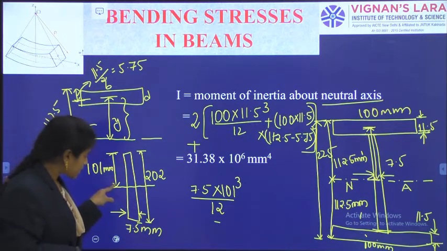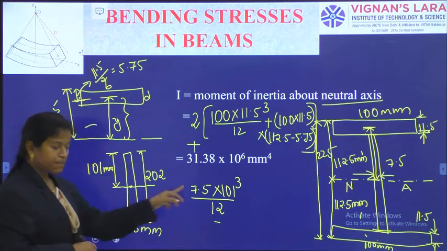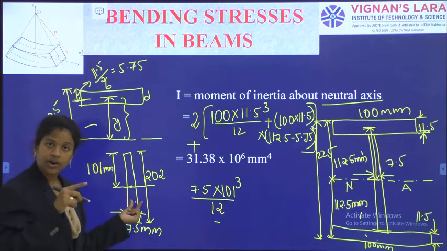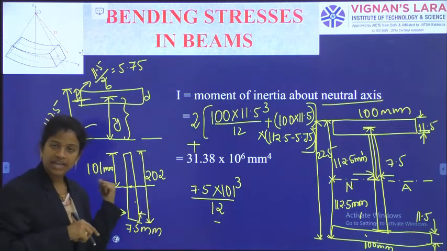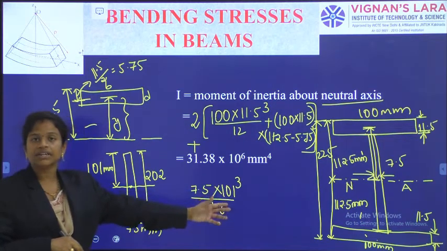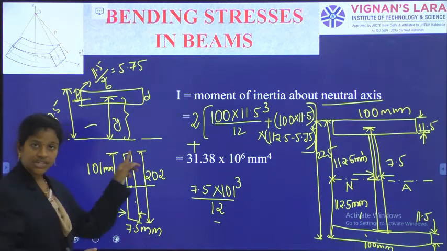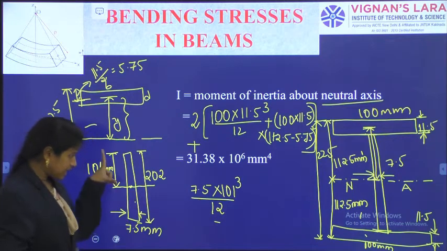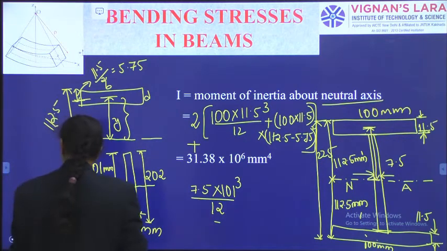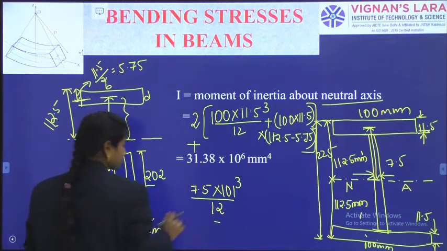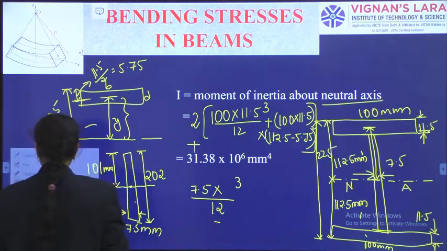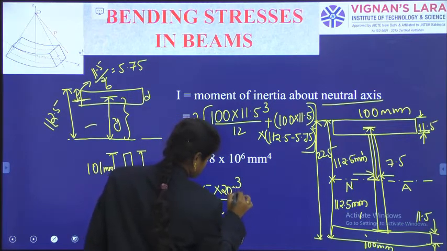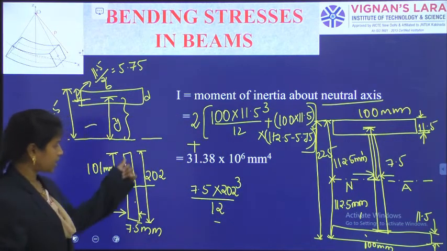But here the web member's centroid coincides with the neutral axis. So there is no A y square term. Only directly the moment of inertia about the neutral axis, B D cube by 12, where D1 is 202.